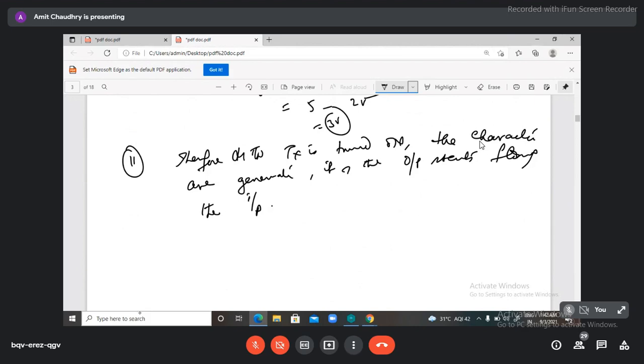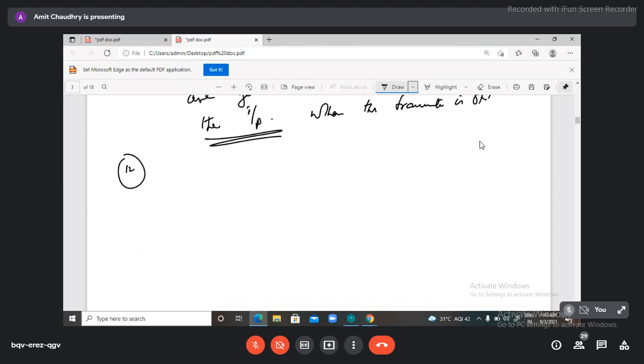So this starts happening when the transistor is on. ये बात समझ में आई बेटा? Now the transistor is on, current is flowing, and output is generated. So V naught is generated.